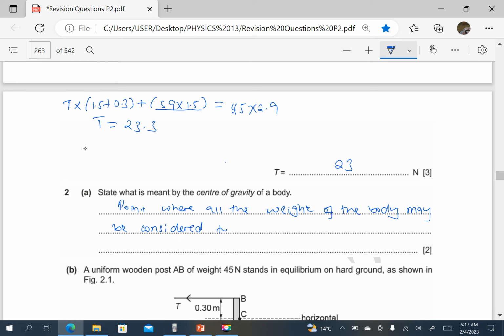There is a point, whether on the body or not on the body, where all its weight may be considered to act. That is what we call the center of gravity.